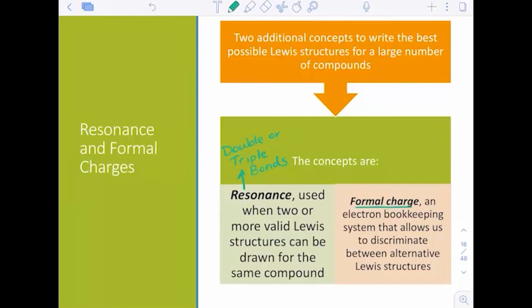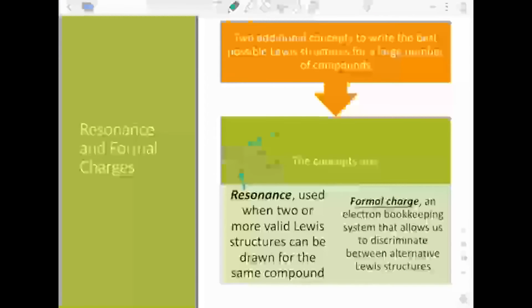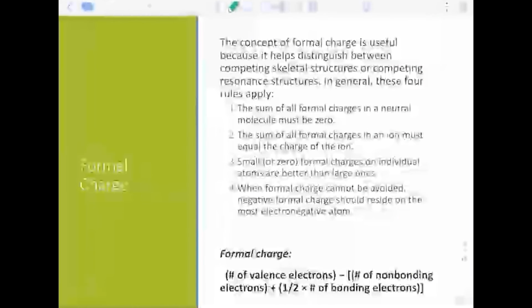If oxygen brings 6 electrons to the table, did we give it 6 electrons in the structure? If carbon brings 4, did we give it 4? Things like that. Even though the molecule itself is not charged, a formal charge can tell us that there are charges existing in the molecule, they just overall add up to 0. We'll start with formal charge.